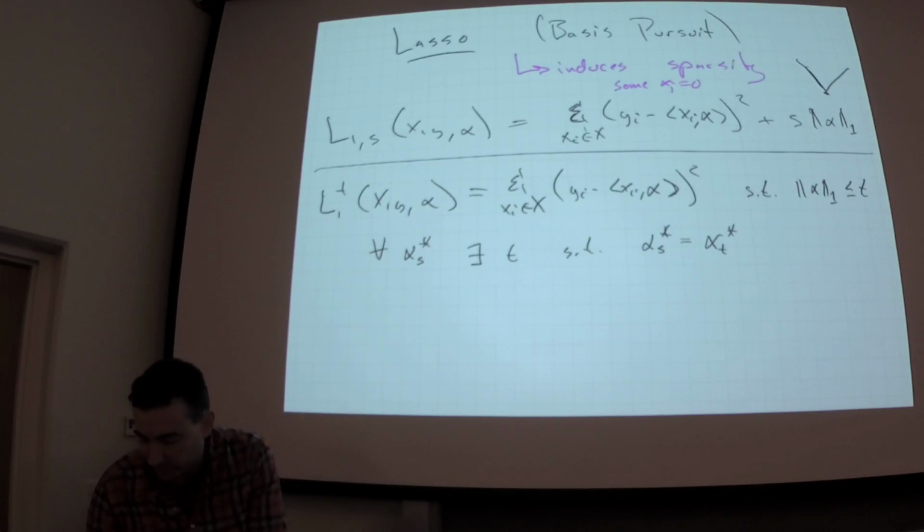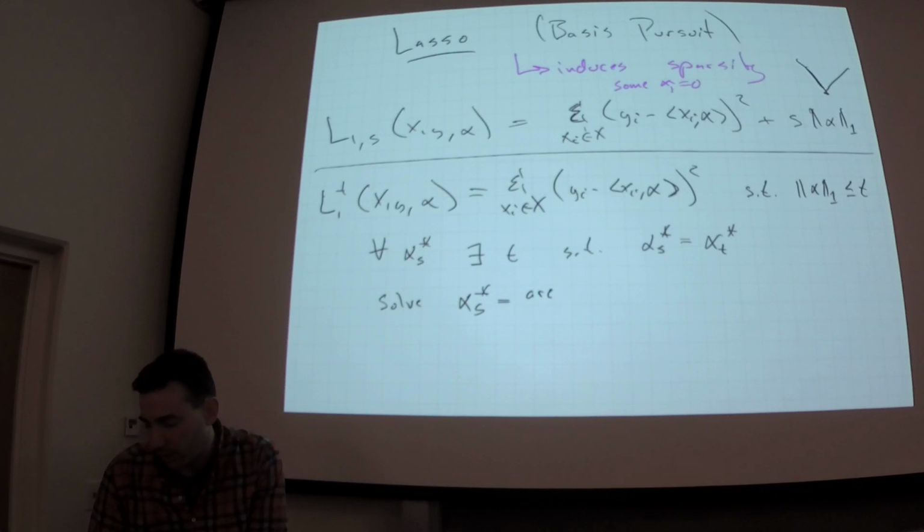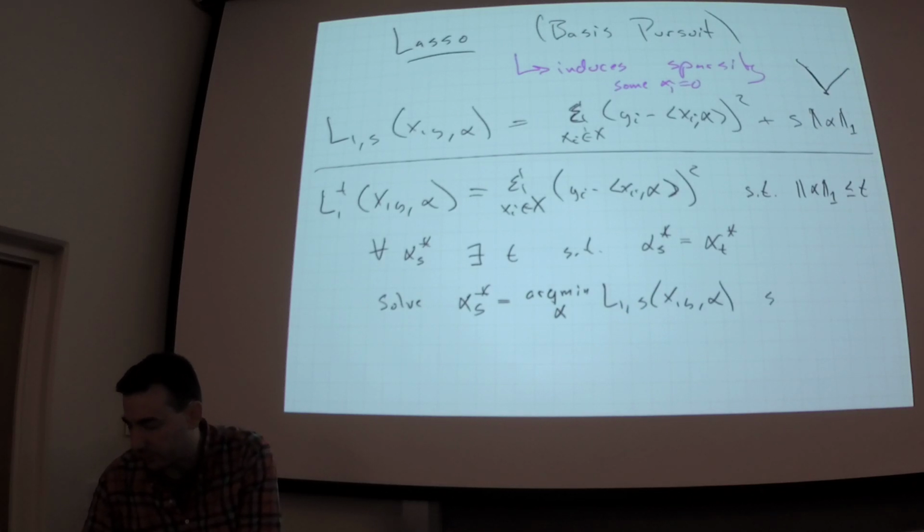So if I solve alpha S star equals arg min over alpha of L1S x y alpha, then I set T equals the L1 norm of alpha S star.